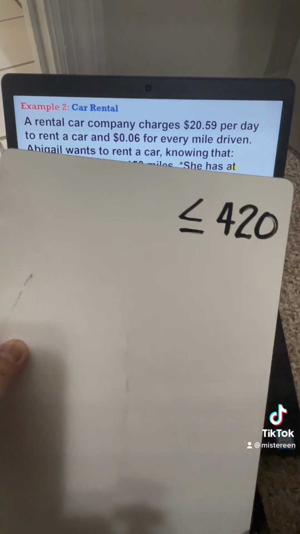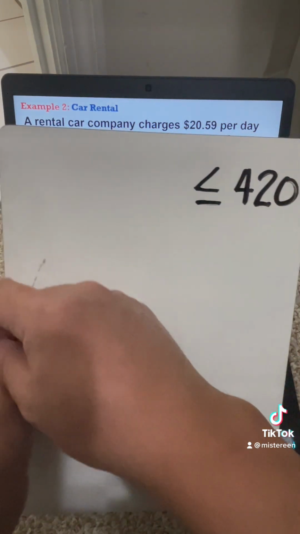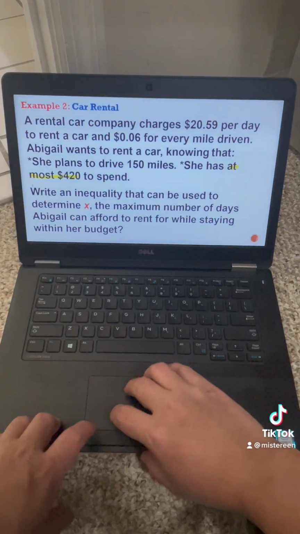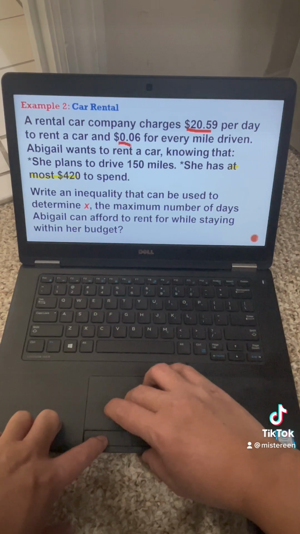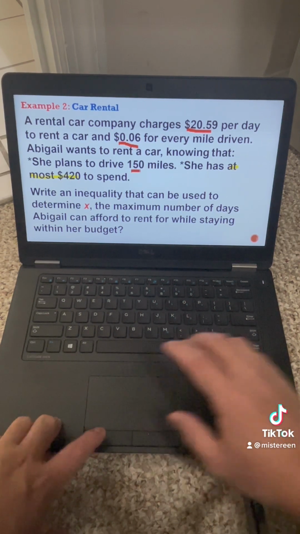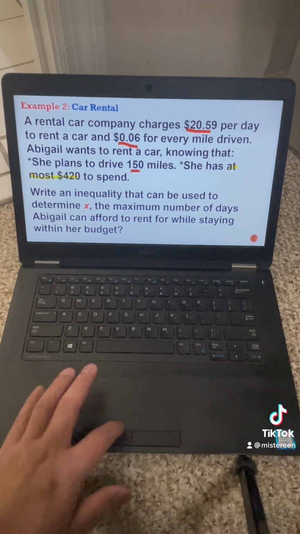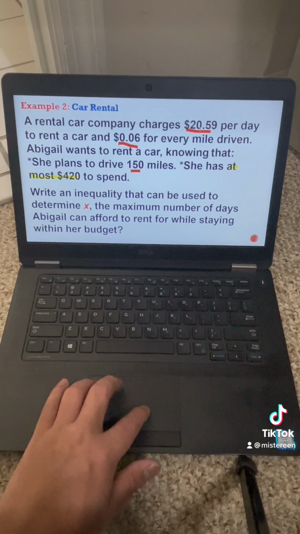All right, so to complete your inequality, all you have to do is write the left side of your inequality. Go back to the problem and make use of the remaining numbers. And these numbers are the 20.59, 0.06, and 150. Now, it's important that you know what these numbers mean in the word problem. As you can see, 20.59 is the charge per day to rent the car.